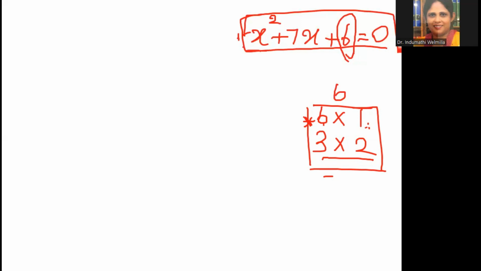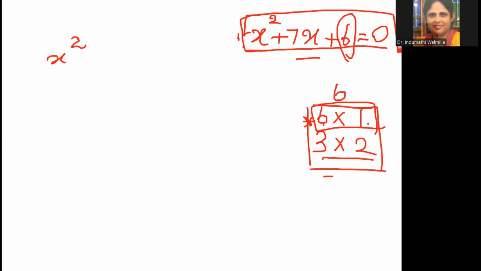And next, after identifying the correct factor, we can write expanding our middle term. How? The first term is x squared. Then for the middle term, instead of 7x, we can write 7x using these two values in our factor, 6 and 1.